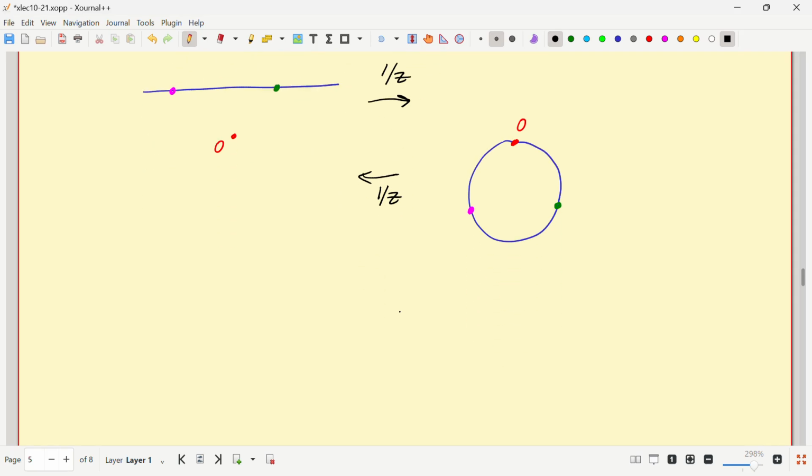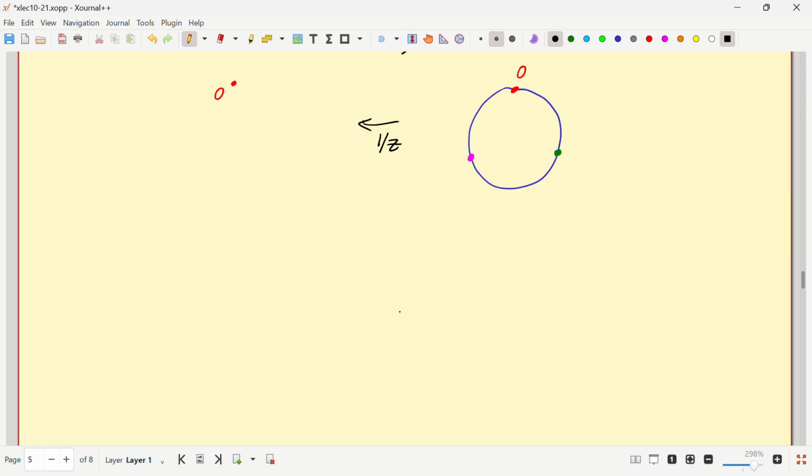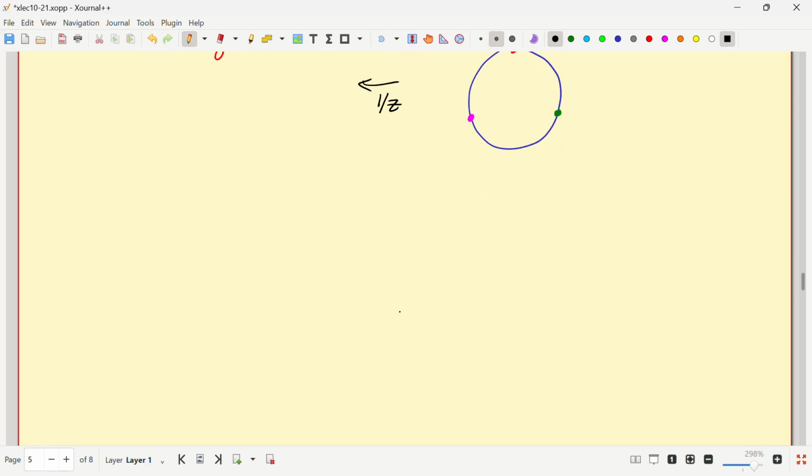Okay, so that's an example of line to circle and circle to line. And then finally, you can take circles to circles. What's the easiest one to do here? How about a circle not containing the origin?